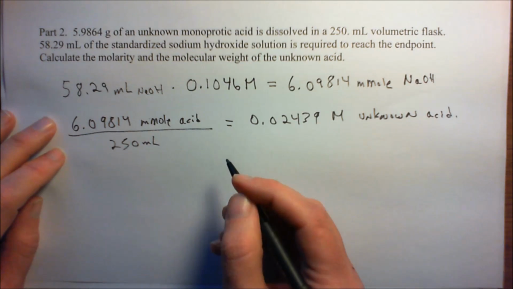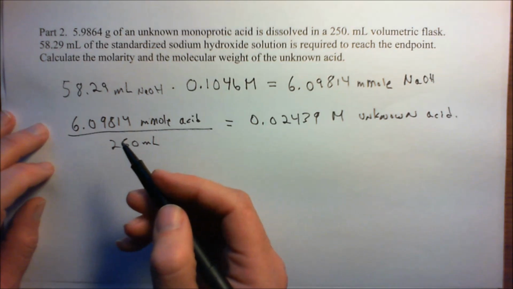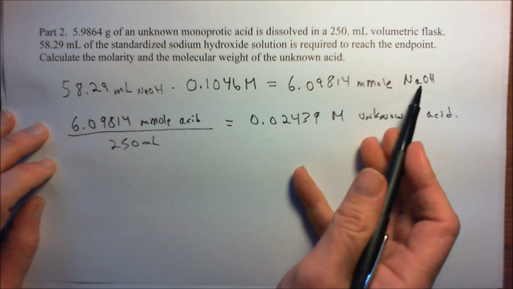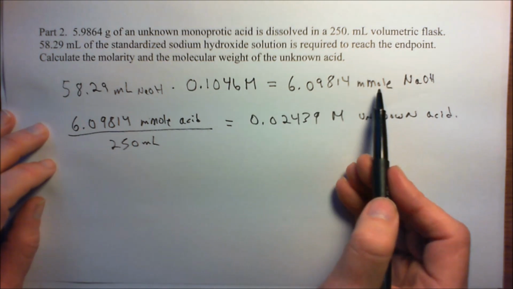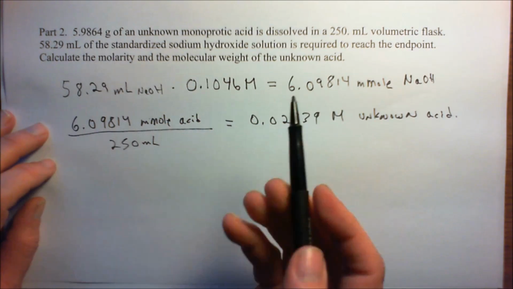But now we need to go ahead and figure out the molecular weight of this unknown acid, which is usually what you're asked in these sort of experiments. Well, first off, we need to convert that from millimoles to moles, because our molecular weight is going to be grams per mole, not grams per millimole.